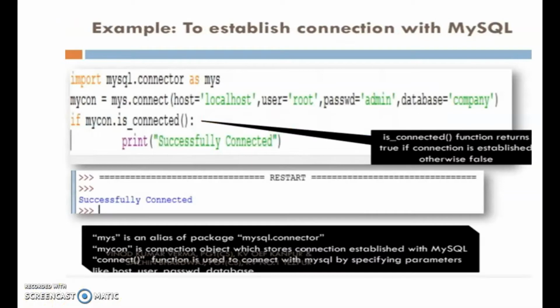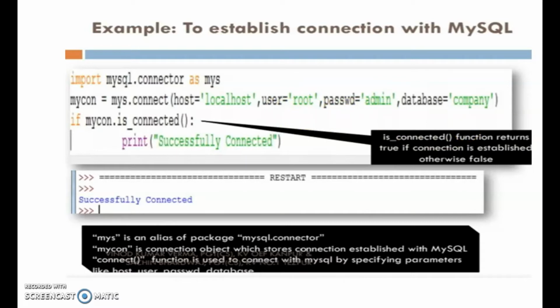Here is one example: import mysql.connector as mys. This mys is an alias name given for mysql.connector. Then mycon = mys.connect(host="localhost", user="root", password="admin", database="company").